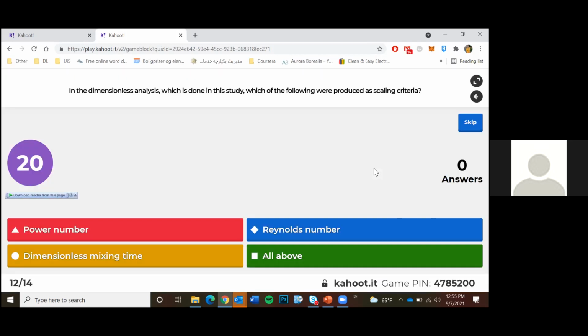In the dimensionless analysis, which one of the dimensionless numbers below was used as the scaling up criteria?